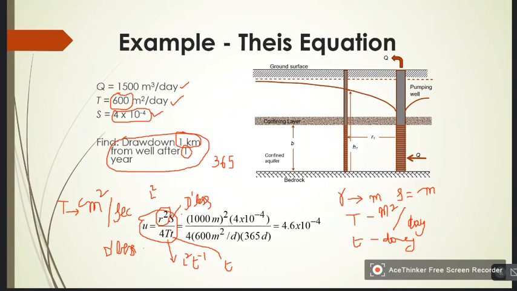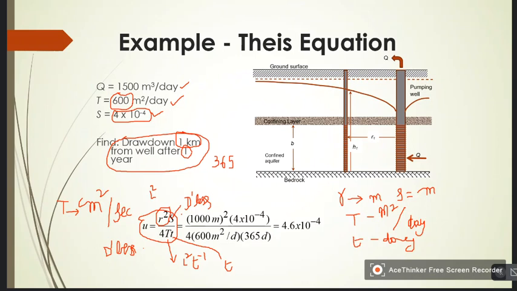So the precaution when you are solving the problems is that you should see the numerator. Suppose you are substituting for R in centimeters, then for capital T you have to use centimeter square per second.